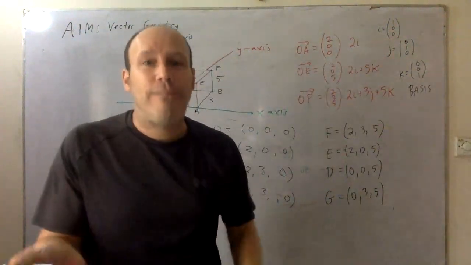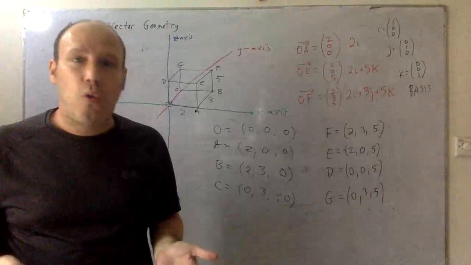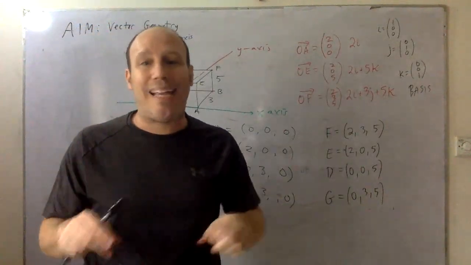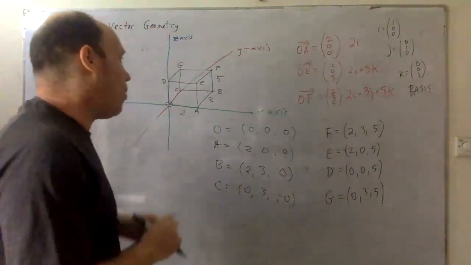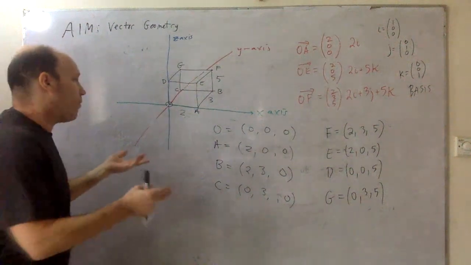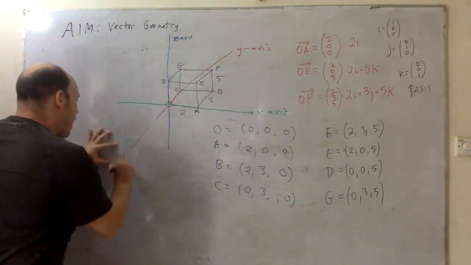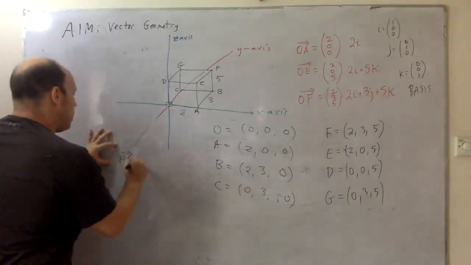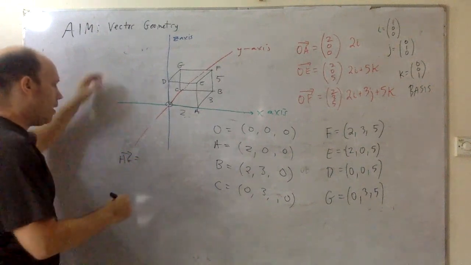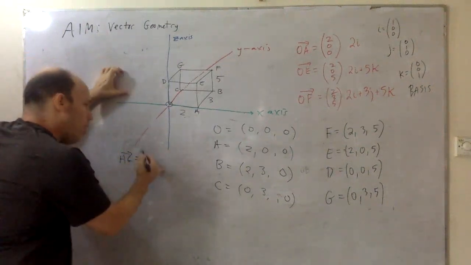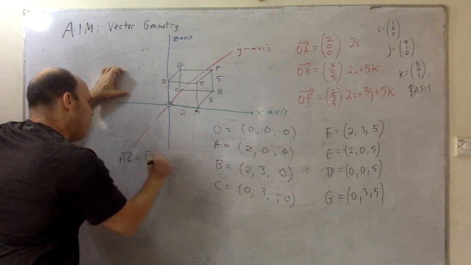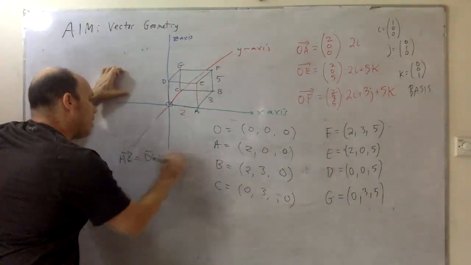And the idea in 2 space, the vectors are I and J. So with any combination of I and J, I can get to any point. Now the question is, how do I find vector AG? Well, let's see. AG is OG minus OA.